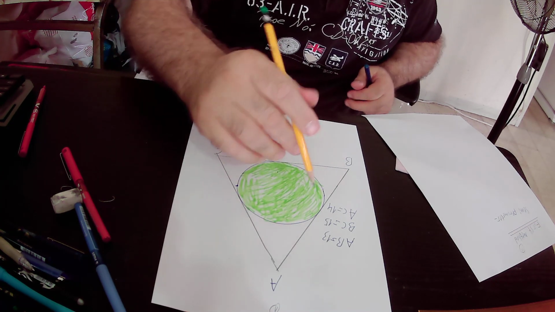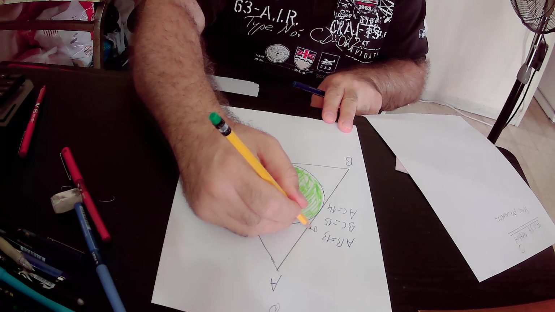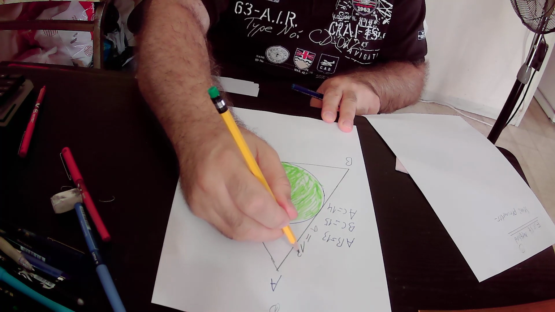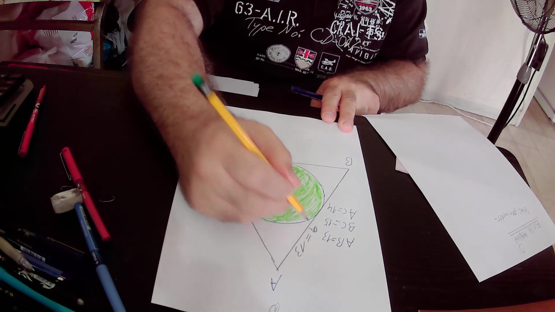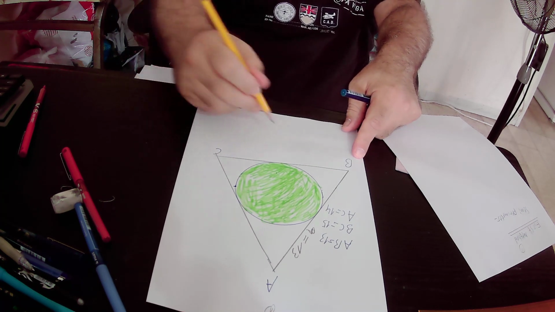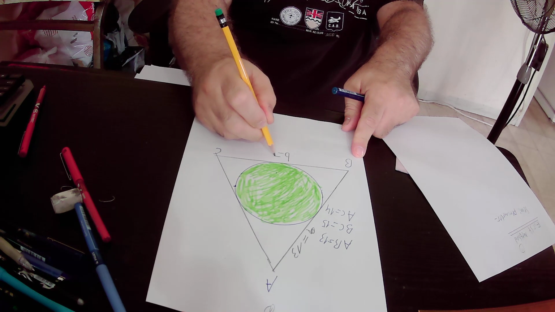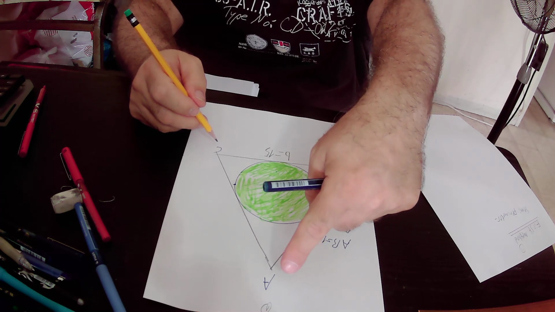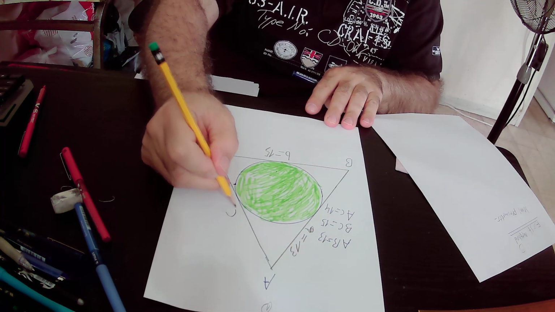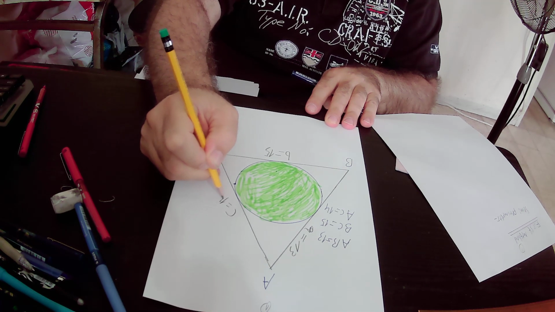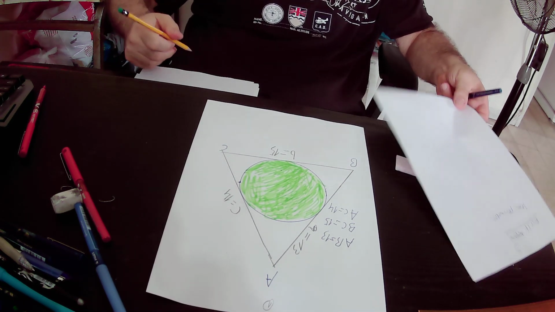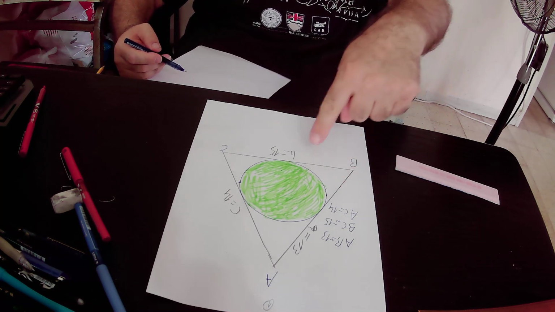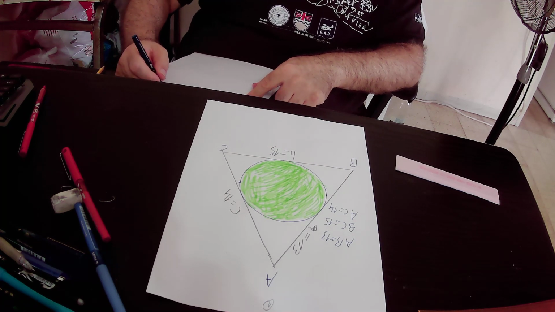if side AB equals A, and we know that A equals 13 units, and side BC is defined as B, and B equals 15 units, and side AC of triangle ABC is C, and C equals 14 units, then the semi-perimeter of triangle ABC equals A plus B plus C over 2.